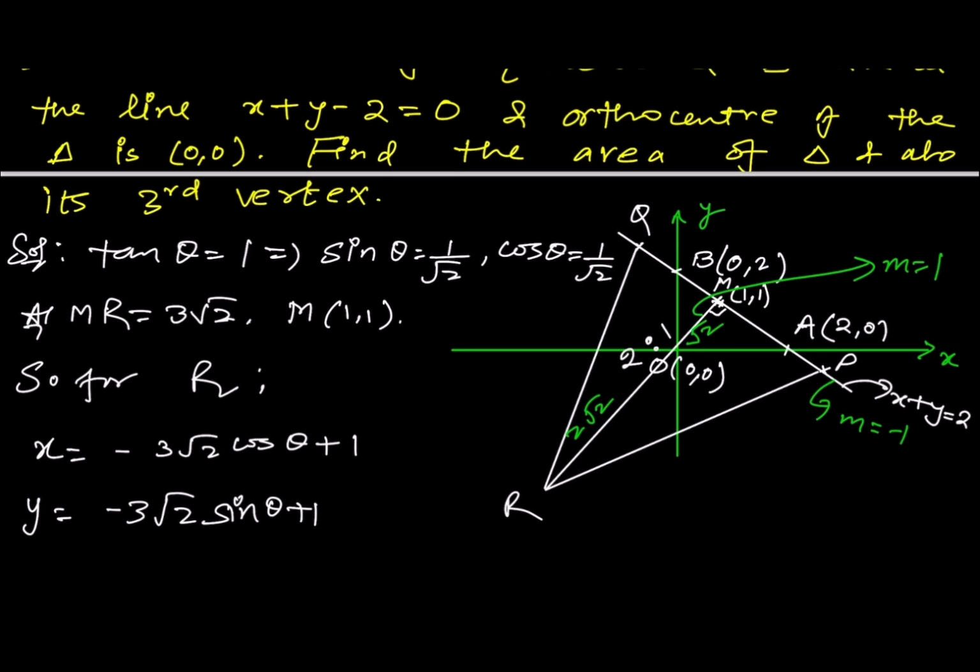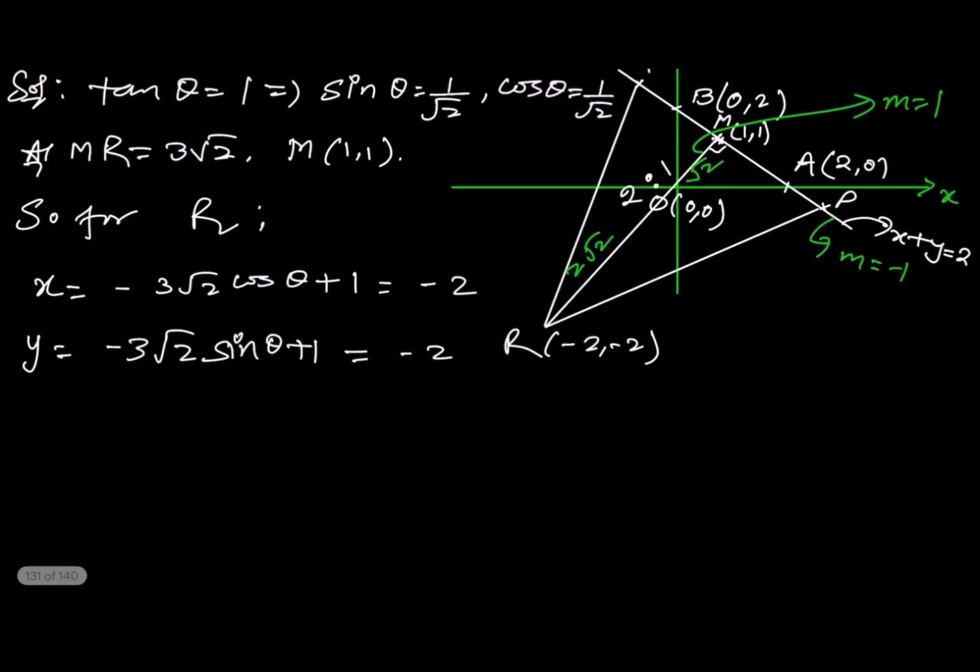Because I am going in the downward direction, or I am going in the third quadrant. So I will take minus instead of plus. So this will be -3 root 2 into 1 by root 2, root 2 cancels. So -3 + 1, which is -2. Similarly, y is also -2. So R is (-2, -2).